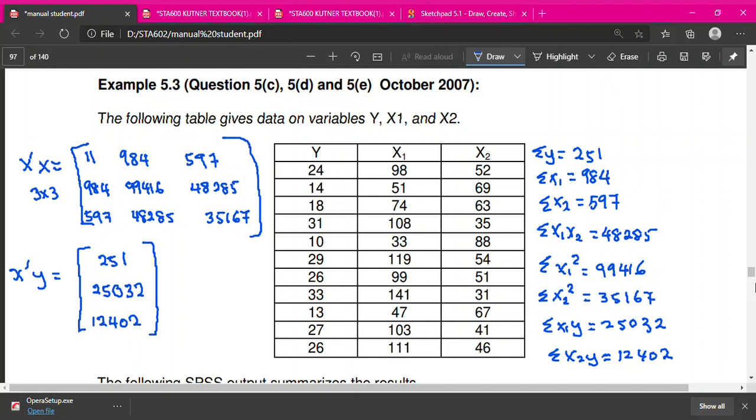Second row: 984 equal, 99416 equal, 48285. And then the third row: 597 equal, 48285, then last 35167. So now we have defined the matrix X transpose X as matrix A.